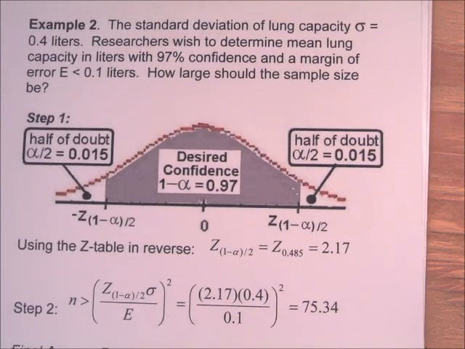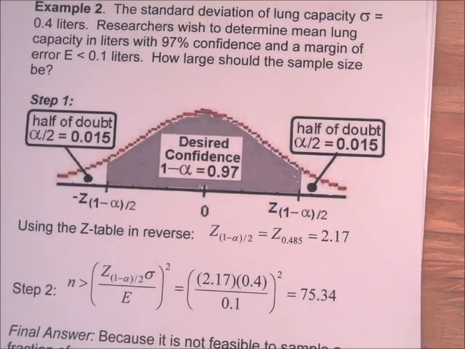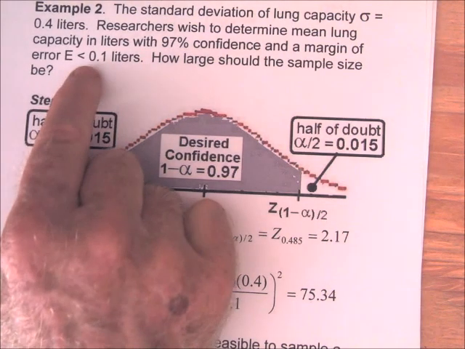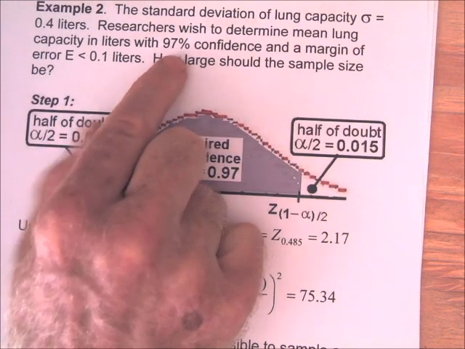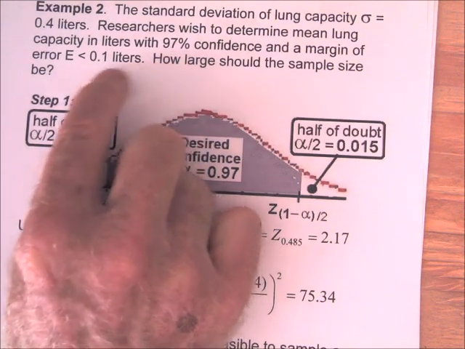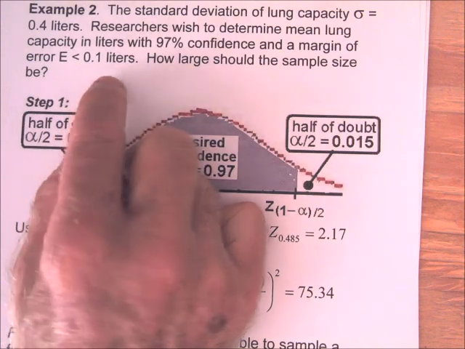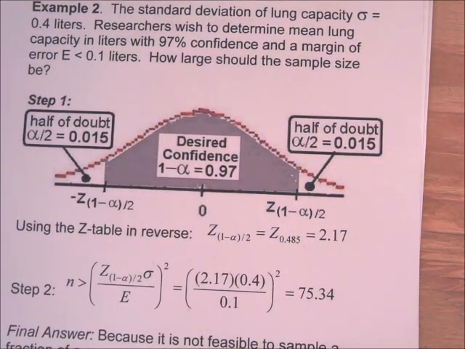Maybe you get the same results with a smaller sample. So it's helpful to think in advance of taking a sample how big the sample size should be. So we decide ahead of time that we want 97% confidence and a margin of error of less than 0.1 liters.